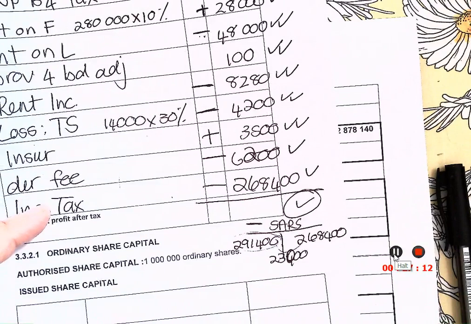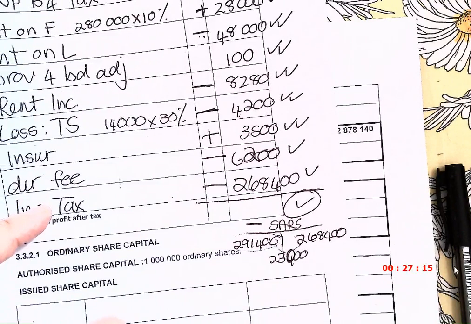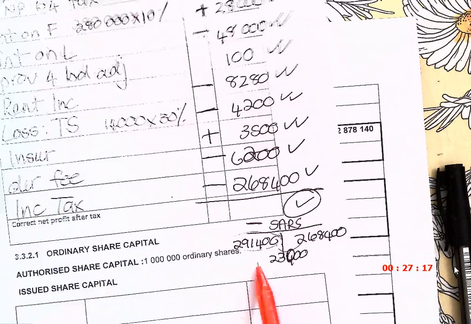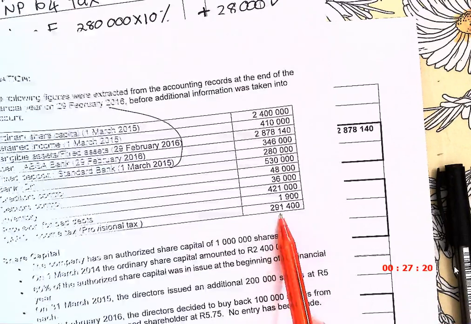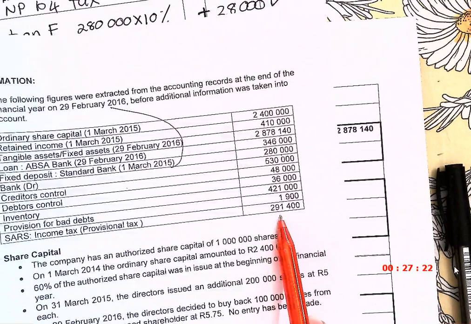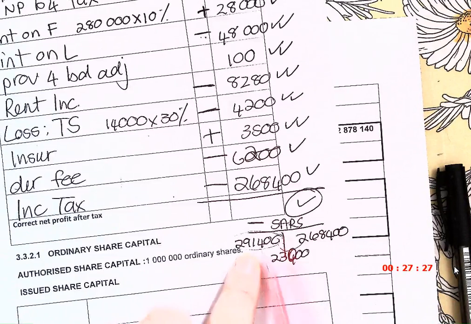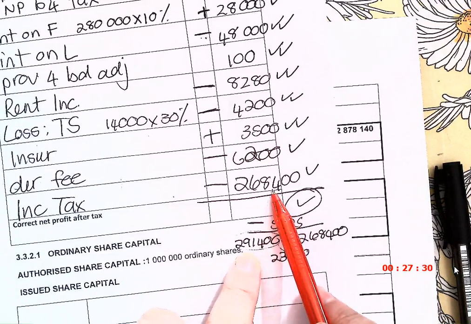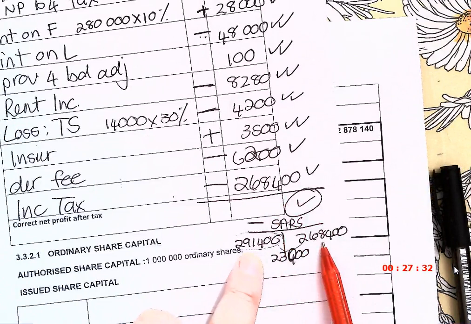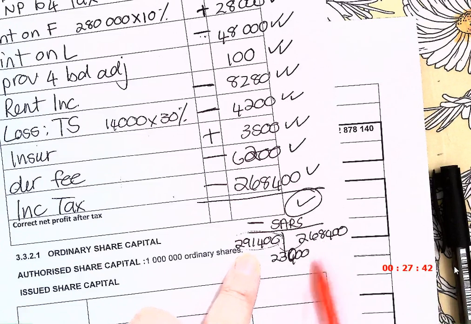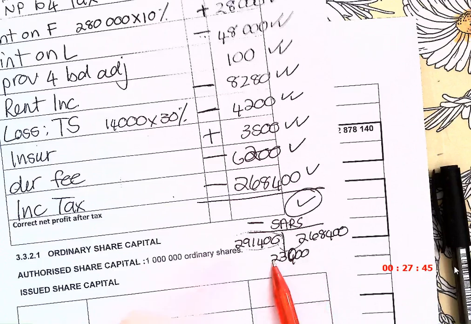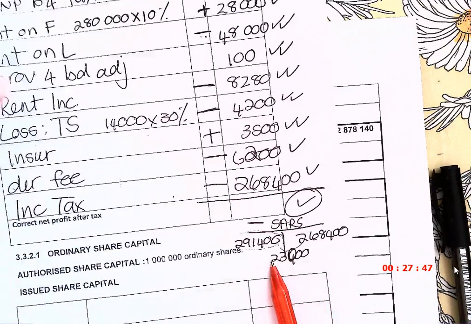Let me just show you again. That 291 here is how much I already paid SARS. So if I do a T, it will go to the minus side. This 268 is how much I owe SARS. So if I look now, I owe 268, and I already paid 291, meaning I paid more than I owe, which means that 23,000 is now owed to us by SARS.